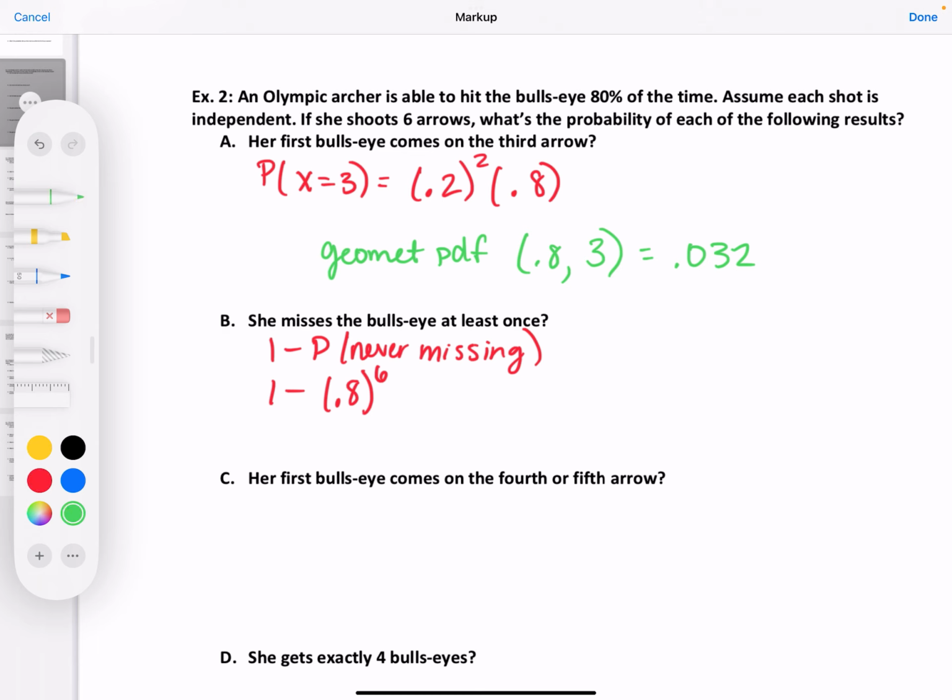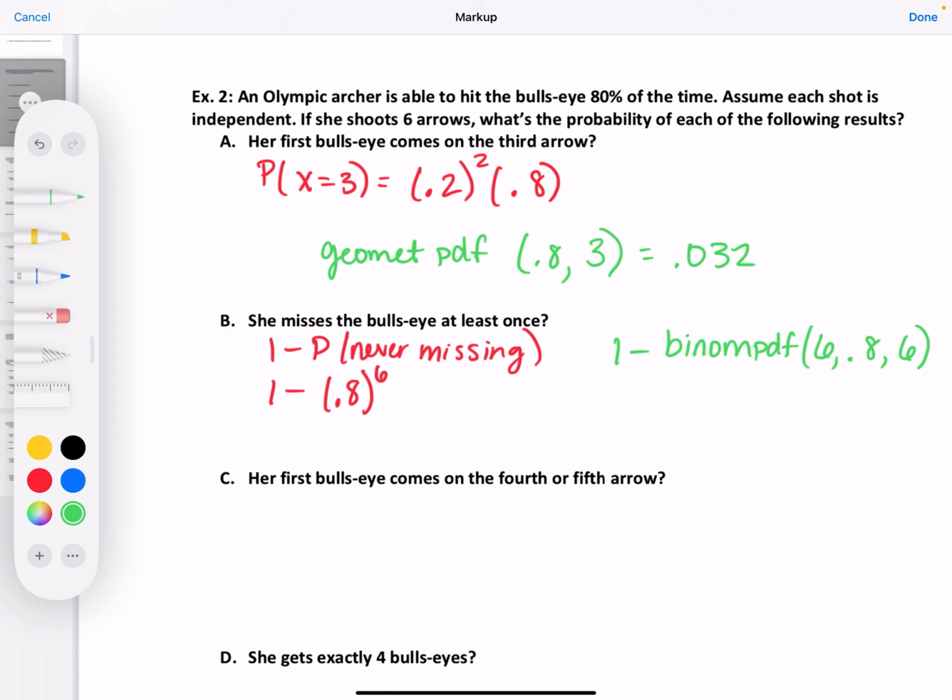Which you could do that way. Or the other option, we could do calculator. 1 minus binomial PDF. And it would be, I can't remember exactly what order it gets. I know what order it gets written in, but I can't remember what it asks in the prompts are. But it would be 6, 0.8 and 6. So one of them is like the number of trials or something.